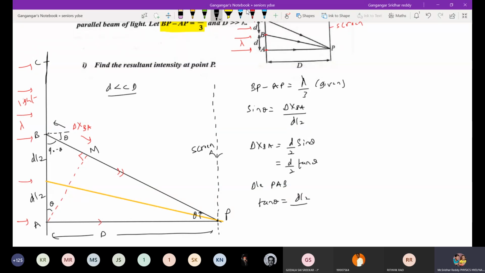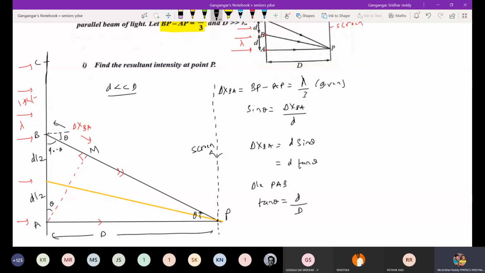What changes will I make? This should be d only, no? Yes. Delta XBA is d sine theta, so only d will come: d tan theta. Further, tan theta will be d by capital D. So delta XBA is nothing but this.